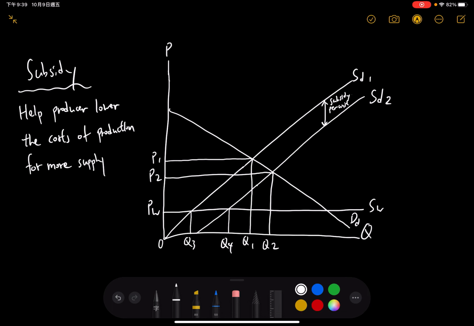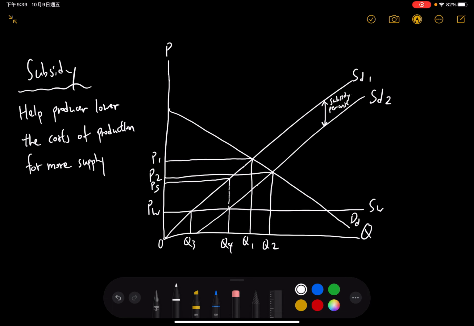You still have to consider the subsidy per unit that they will receive for each unit they sell to customers. So even when we know the domestic producers, after receiving the subsidies, will produce at Q4 at PW, the actual price they are going to receive after the subsidies is PW plus the unit subsidy, which is here. Okay, let's give it another name. Let's call that PRP.